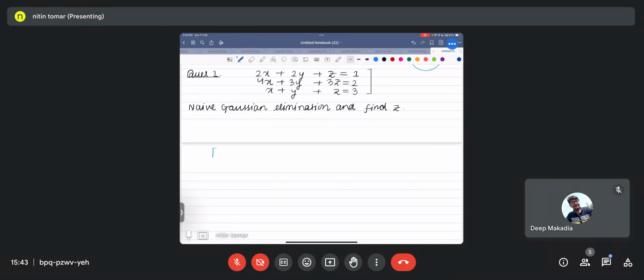So basically, the first step should be this. Okay, Biswajit, because you have done, how many row operations did you need?